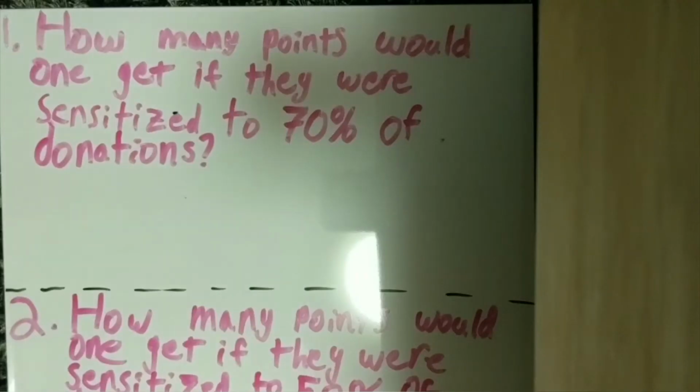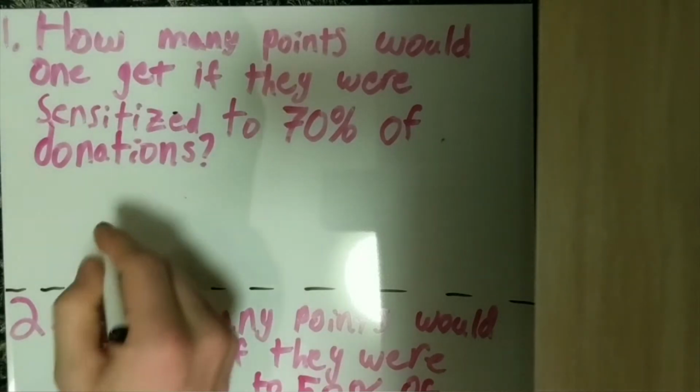We'll show some practice problems to help understand this better. Now looking at some practice problems, let's look at number 1. How many points would one get if they were sensitized to 70% of donations? Remember, for every 10% of the population that the recipient is sensitized against, they get 1 point.